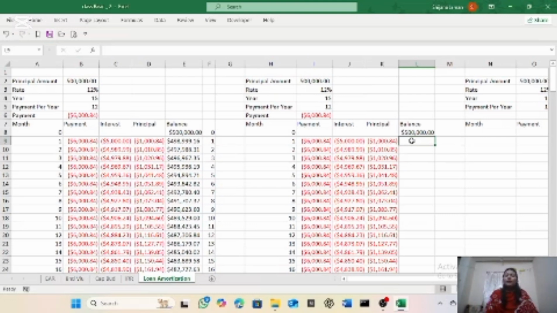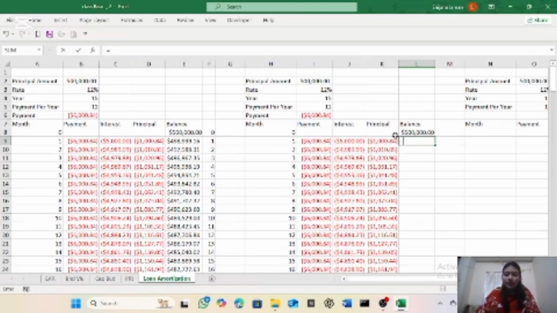So now we are calculating our first month's ending balance. For finding the ending balance, we have to deduct our principal from our initial balance.